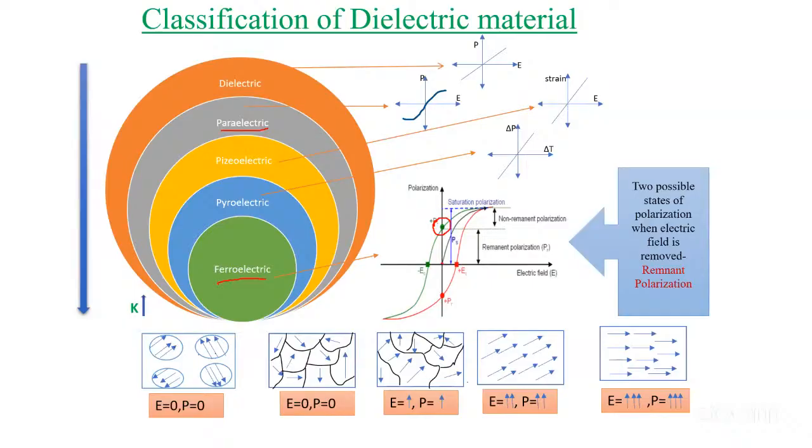And if you polarize it with a negative electric field, some polarization will be left over. This is what happens in a ferroelectric material, and this is what gives memory to this material. And when it is incorporated in the gate of the FET, then you can incorporate memory in the FET also.